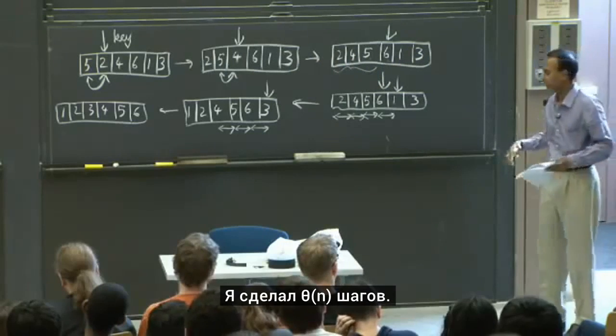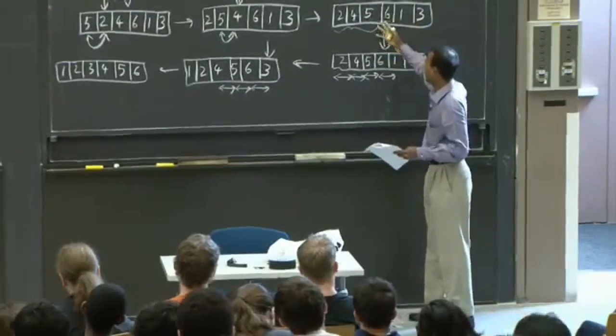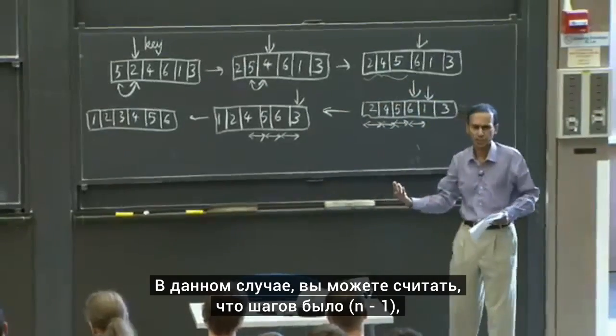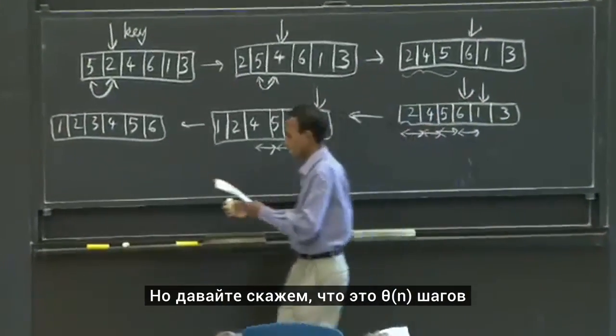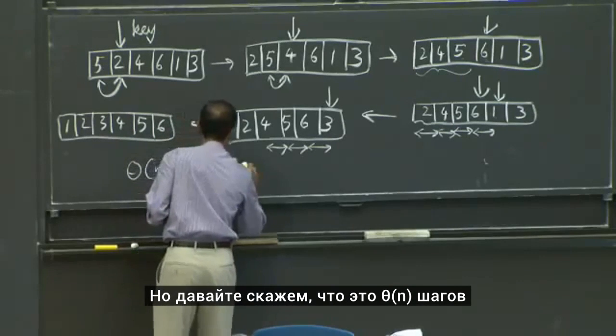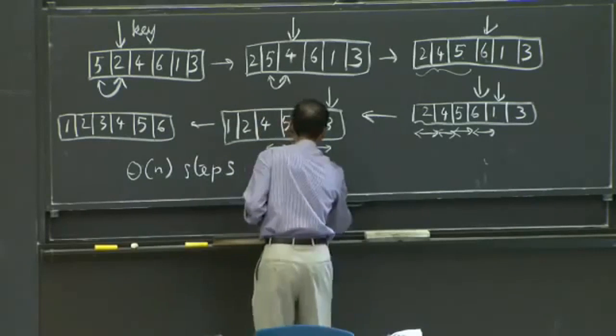I have theta n steps. In this case, you can think of it as n minus 1 steps since you started with 2, but let's just call it theta n steps in terms of key positions.